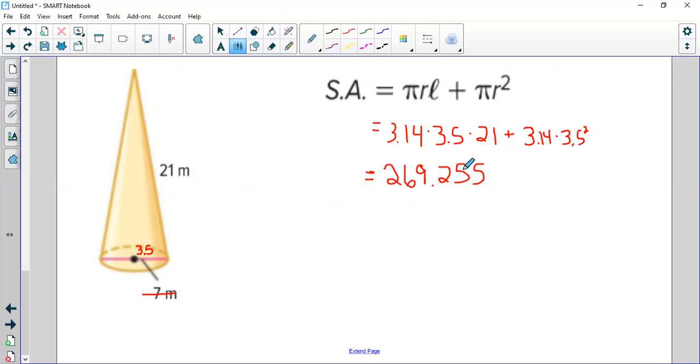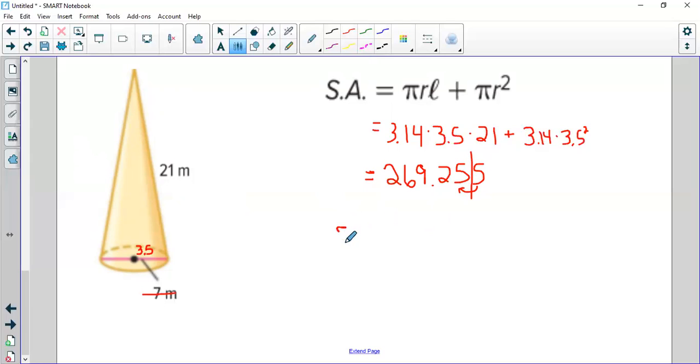And there was no direction here, but I'm going to give you the direction like I always have, which is round to the nearest hundredth place. The reason we round to the nearest hundredth place is because the decimal for pi we use is rounded to the hundredth place. So we're just staying consistent with the rounding. This got rounded to hundredths because remember pi goes on forever. So we'll round this to the hundredths place. I'm going to cut this off right here, and this 5 takes that and rounds it up.